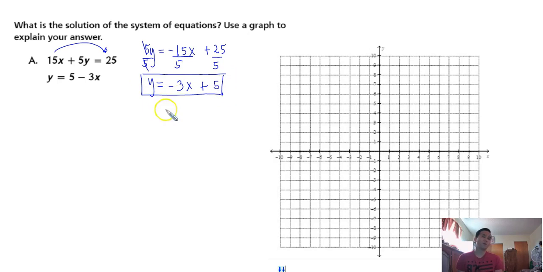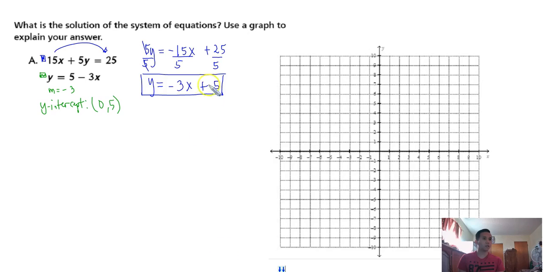I'll be using blue here, and on this one I'll be using green. On the green one, m is equal to -3 and my y-intercept would be (0, 5).